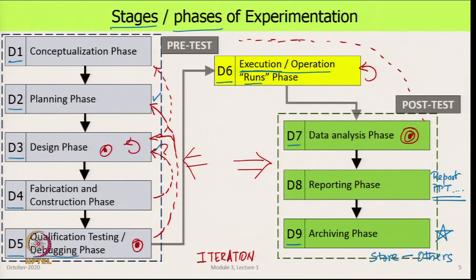In the others, we go by largely our experience or ballpark figures, approximate figures to make major decisions. Of course, because after data analysis we have done it, and then while reporting we must include the uncertainty.